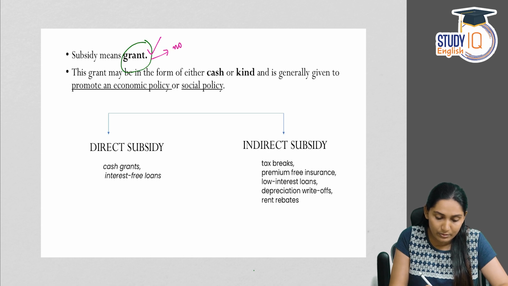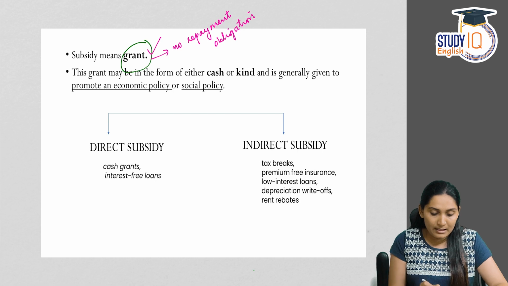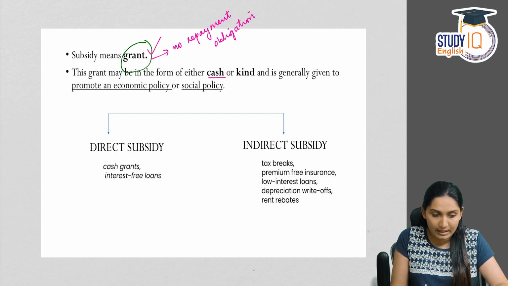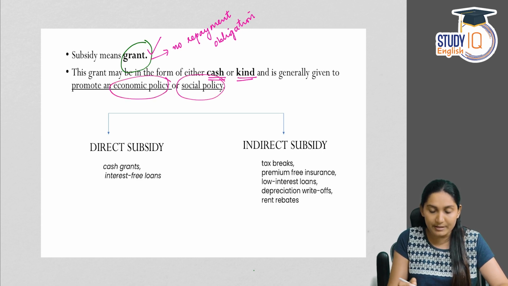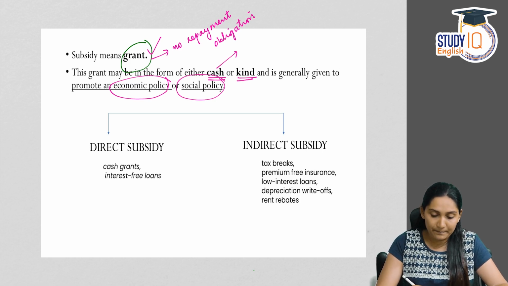So there is no repayment obligation, or it does not have to be returned. This grant may be in the form of either cash or kind and is generally given to promote an economic policy or a social policy. If it is in the form of cash, it is called a cash subsidy.